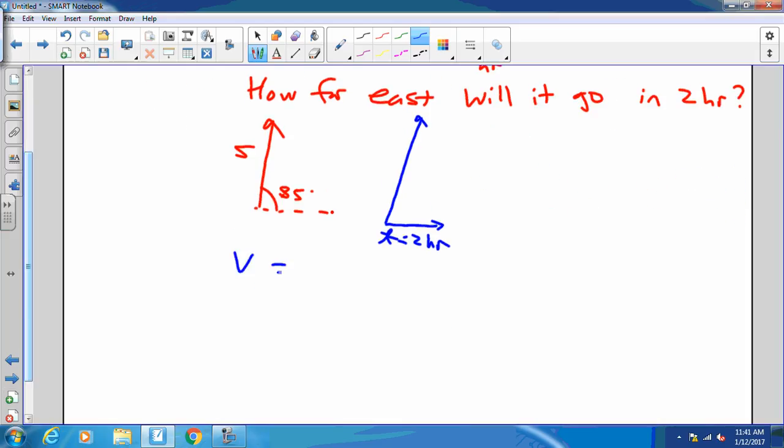And so I take my velocity, which is 5 at an angle of 85 degrees, and I write it in rectangular form. Go ahead and do that. Convert.